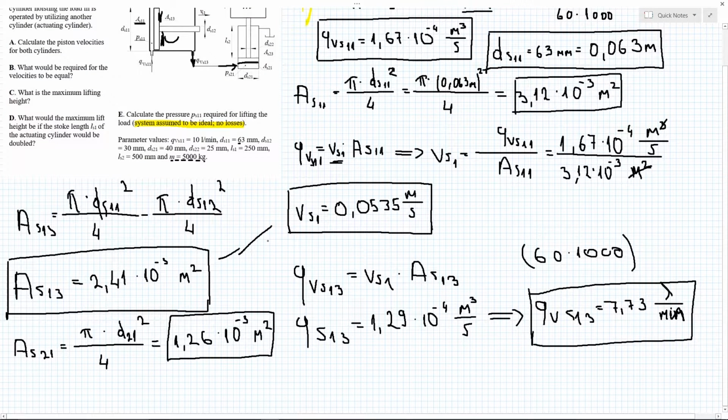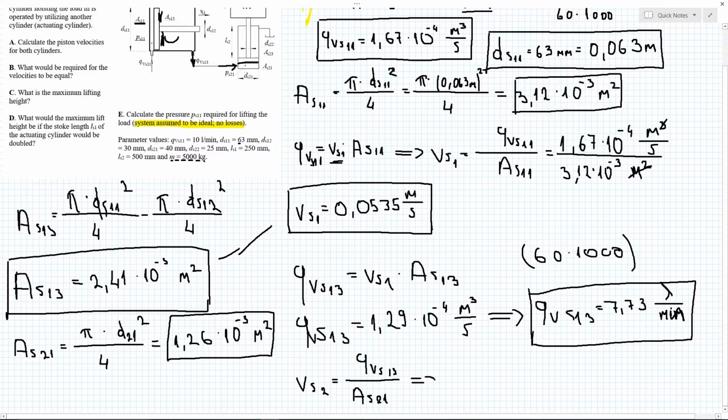And now all we have to do is calculate the velocity. So VS2 is equal to QVS13, that we calculated right here, divided by the area of the piston number 2.